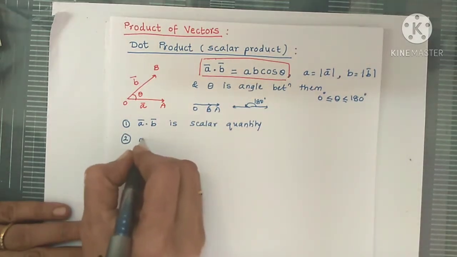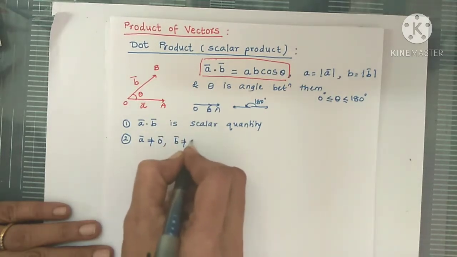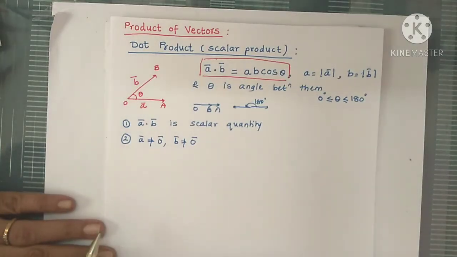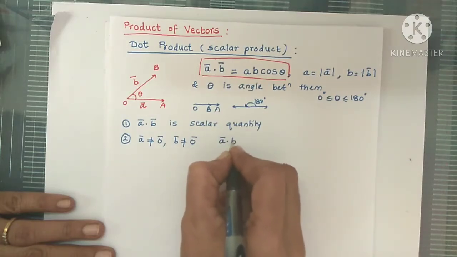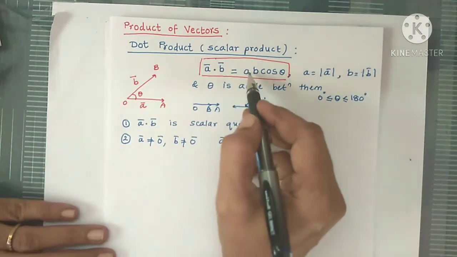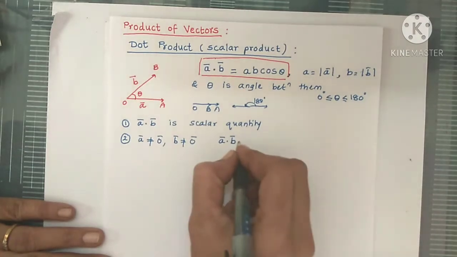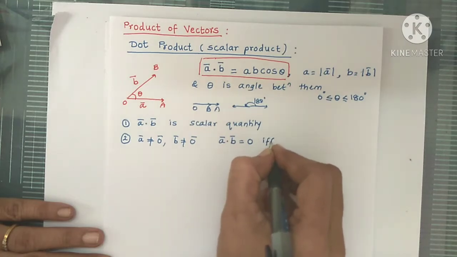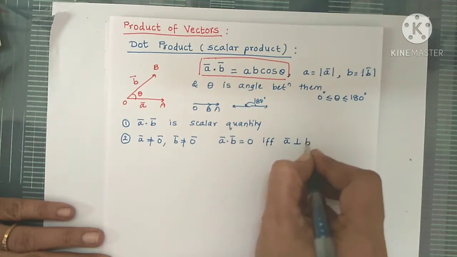And if a bar is a non-zero vector, b bar is a non-zero vector, but theta is pi by 2, that means a bar and b bar are perpendicular, then we will have cos 90 degrees, which is 0, so the right side will be 0. A is non-zero and b is non-zero, as we have taken them as non-zero vectors. So a bar dot b bar equals 0 if and only if theta equals 90 degrees, that means a bar is perpendicular to b bar.